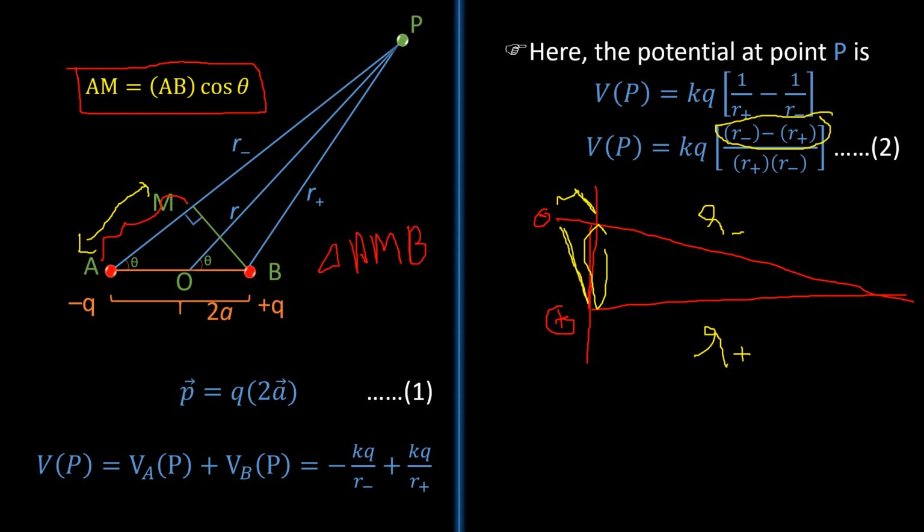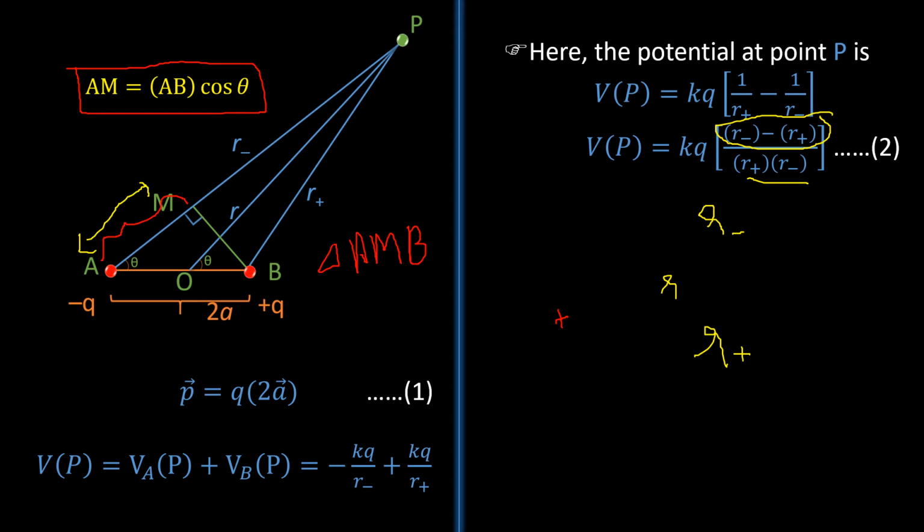Moreover, when you are talking about the denominator, what is the product of R positive and R negative? When you consider point P at very large distance, these three are almost the same. R negative is slightly more than R, R positive is slightly less than R, so you can replace these two with R and R. So the denominator will be R square. Let us try out.